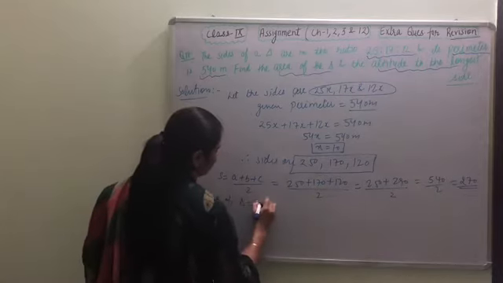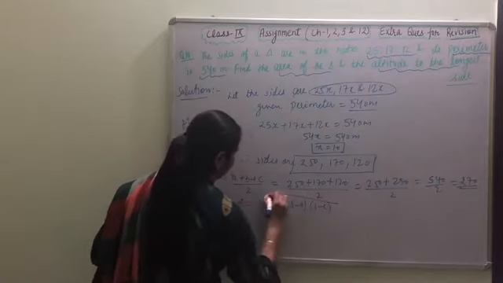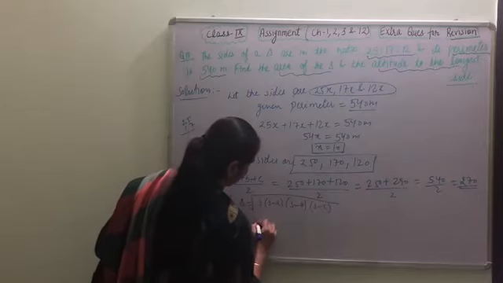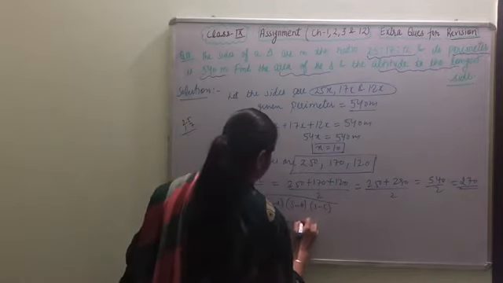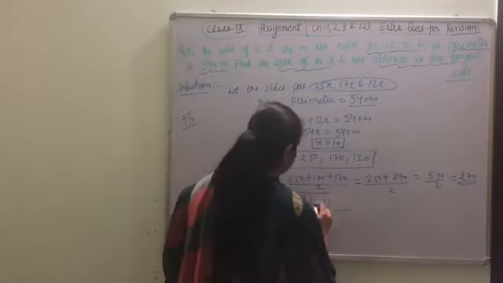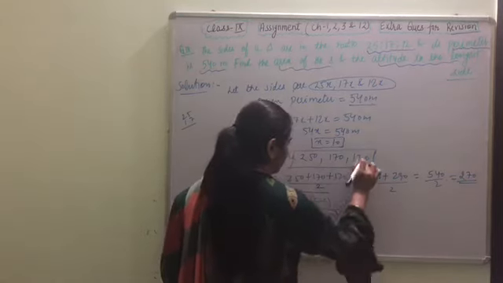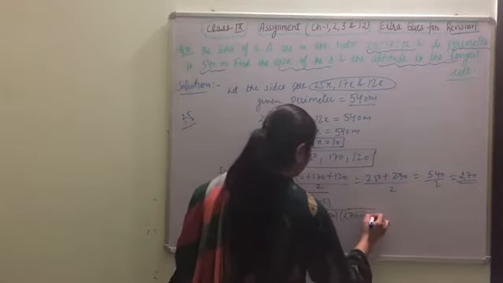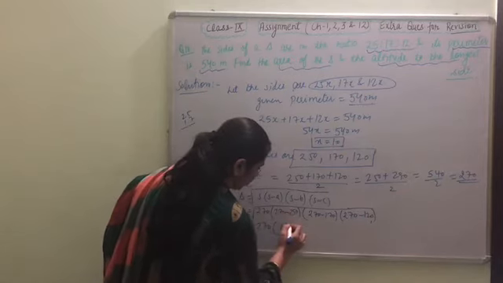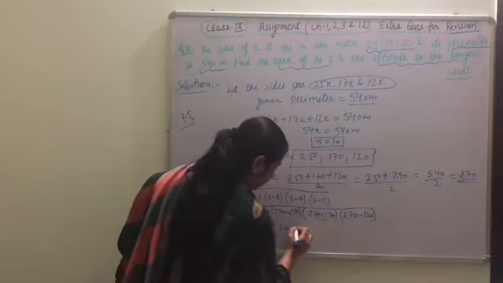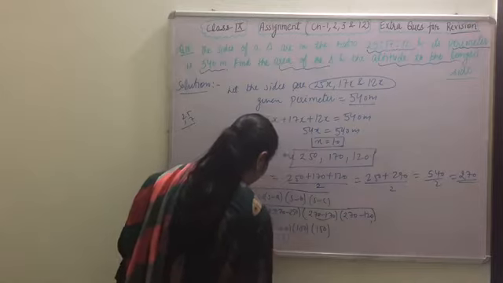The area of the triangle is the root of s into s minus a, s minus b, s minus c, which is equal to the root of 270 into 270 minus 250, which is 20, into 270 minus 170, which is 100, into 270 minus 120, which is 150.